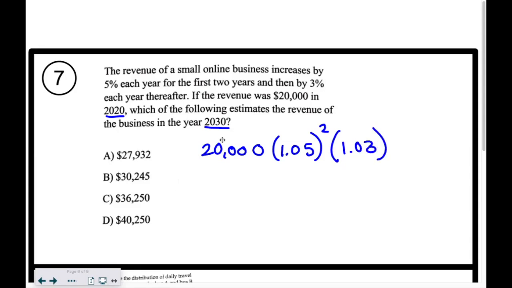From 2020 to 2030 is 10 years. In the first 2 years it does this, so the 1.03 is going to happen another 8 years. If you throw that into the calculator, you will end up getting A, which is 27,932. We really just have to understand percent increase and how to represent a 3% increase and a 5% increase as a single numerical value.